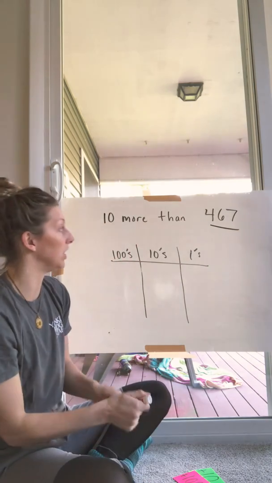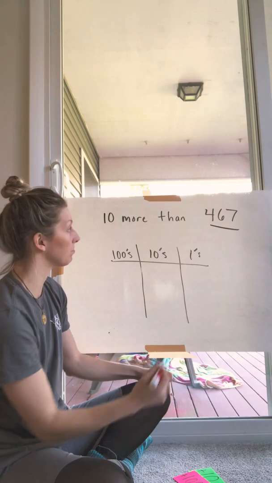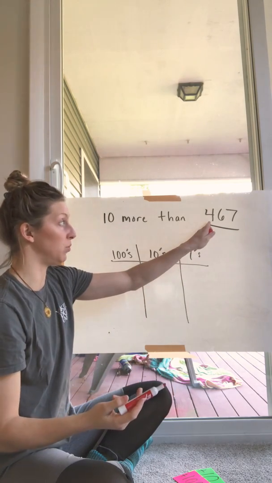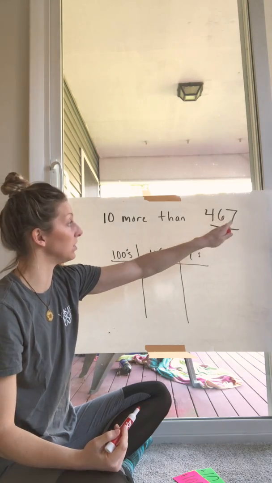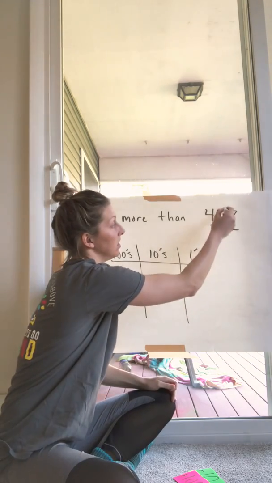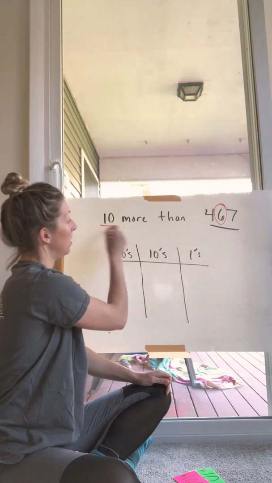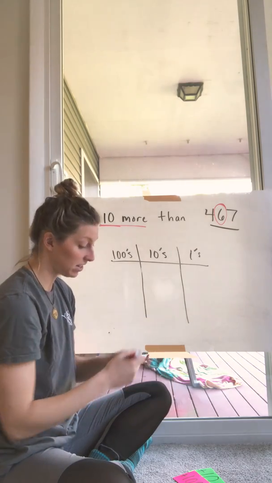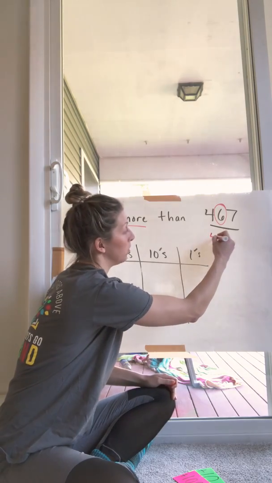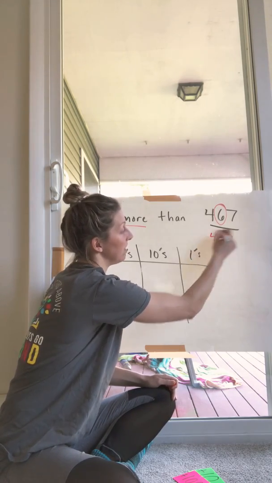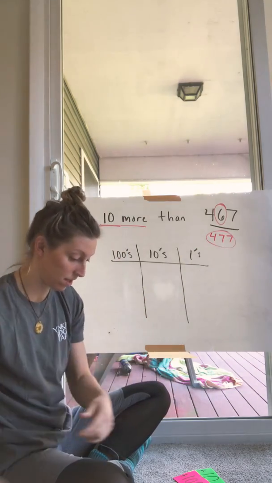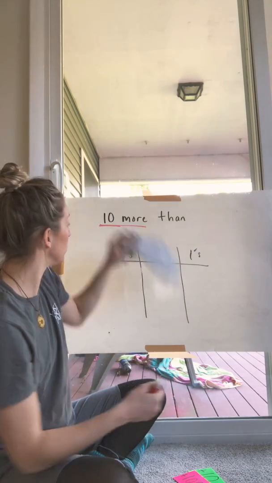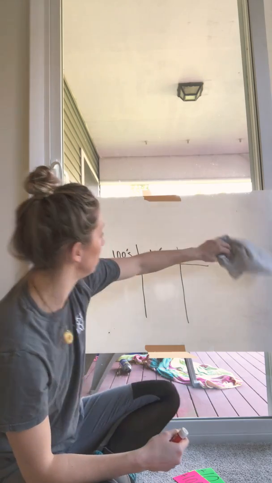What is changing? Is it the 400, the 60, or the 7? It's the 60, right? And it's going to go up by how many? 10. So instead of 467, it's going to become 477. Good. Awesome. So we did that one.